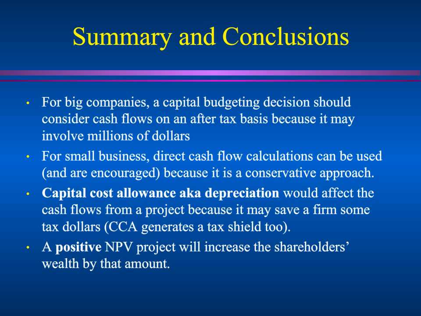Okay, capital cost allowance, also depreciation, does generate a tax shield as well. It's one of those funny things. It's not an actual cash flow, because on the cash flow statement we actually add it back in.